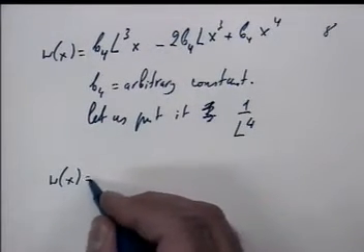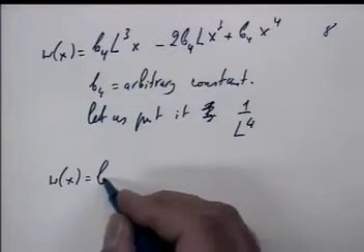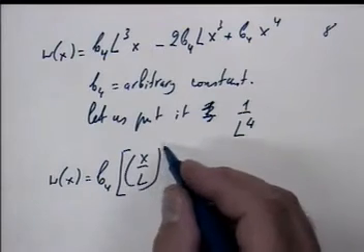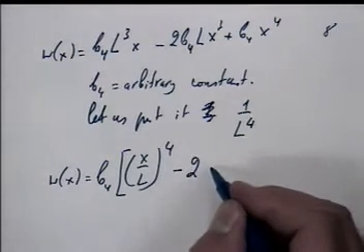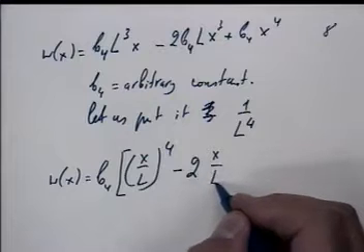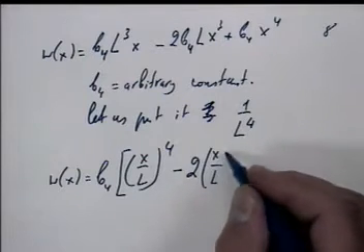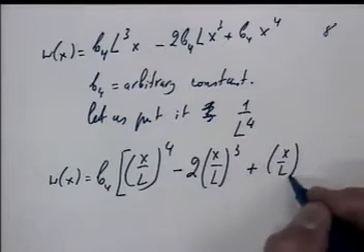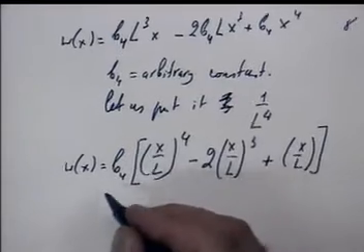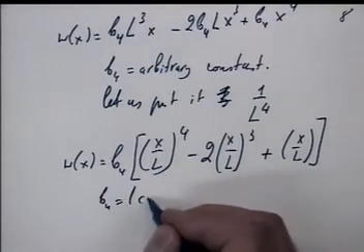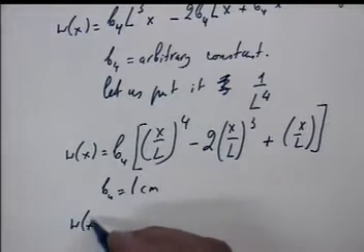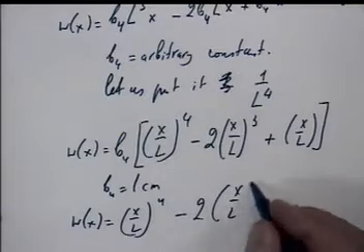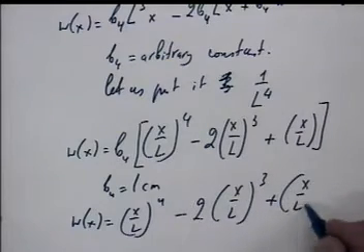So W of x will be something like B4 times x over L to the fourth power minus 2 x over L cubed plus x over L. And this B4 is, imagine, 1 centimeter. So then W of x equals x over L to the fourth power minus 2 x over L cubed plus x over L.